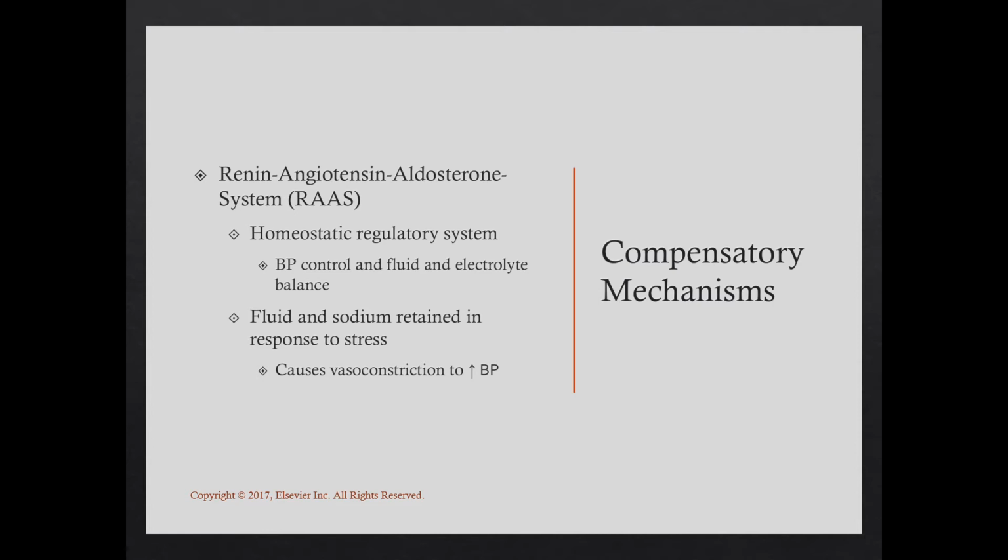Remember, we've talked about this in the past. It promotes retention of both fluid and sodium, or sodium and then fluid is retained as well, and can cause vasoconstriction, which leads to a rise in what? Blood pressure. And remember, blood pressure is one of the primary risks for heart failure. So when the RAAS starts to go out of whack, leading to vasoconstriction and high blood pressure, you better believe that there could be a problem.